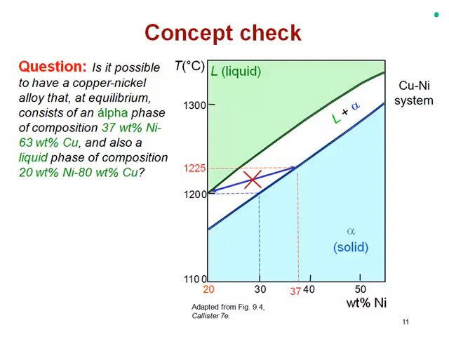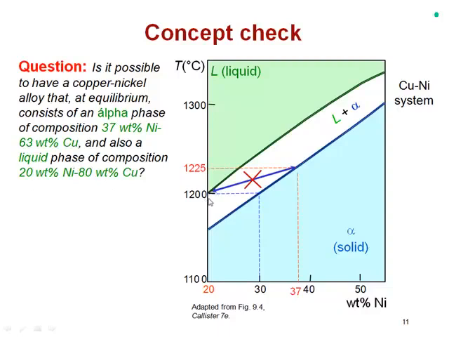Yes? The statement of the problem is telling us, is it possible to have a copper-nickel alloy that at equilibrium consists of an alpha phase, which is solid phase, of composition 37%, which is this, it's solid phase, right? 37%, and the liquid phase of composition 20%, which is this.